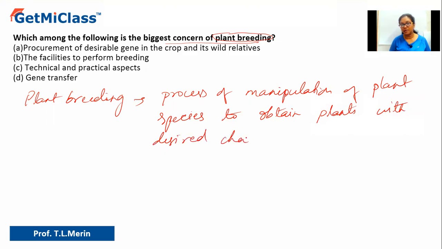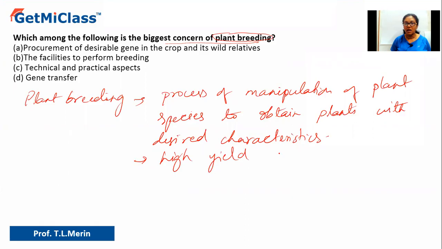Now there are many methods of plant breeding, but the main purpose of plant breeding is of course to have improved yield or high yield. Or you can say disease resistant, and then drought resistant.